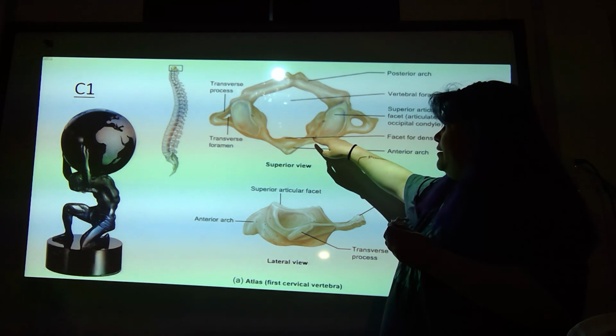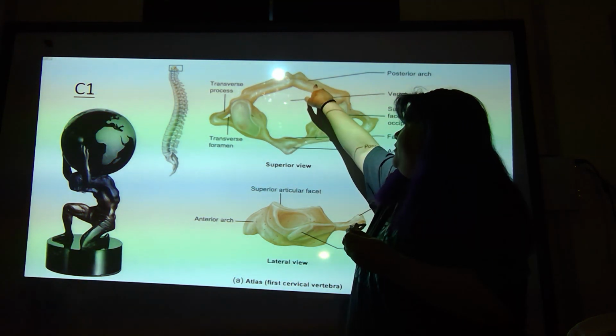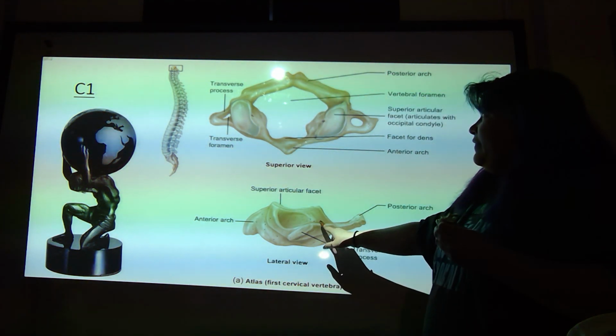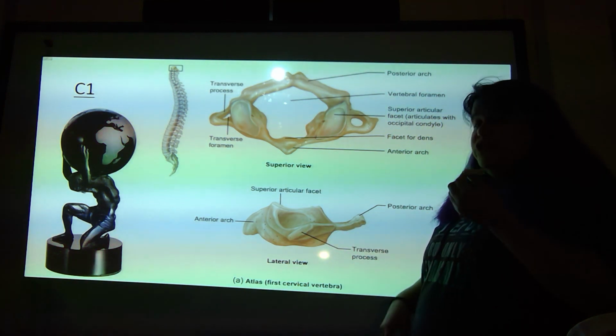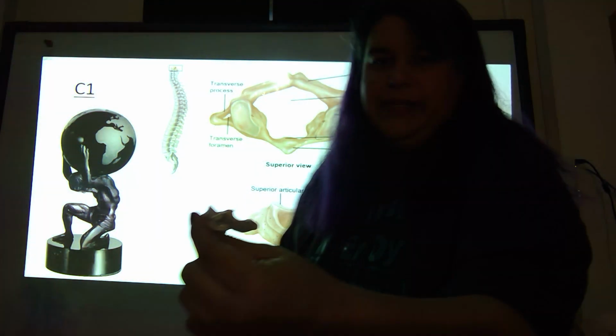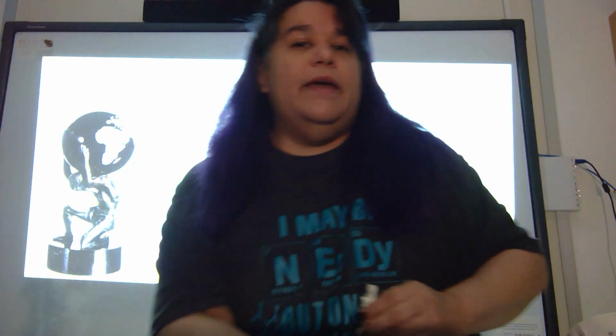There's the anterior, there's the posterior. And then that transverse process. These are just looking at it from the sides. So most likely, if I put this on the practical, I will give you two pictures, one like this and one like this, where I point out the same structures.